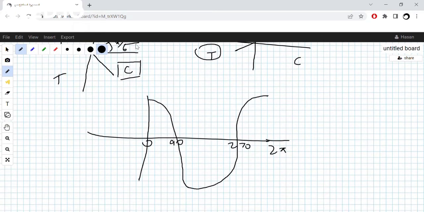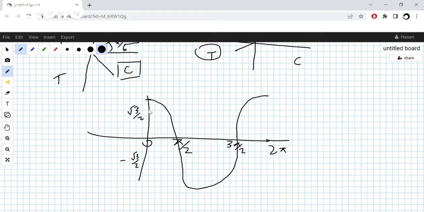So we'll say root 3 over 2 is here, and minus root 3 over 2 is here. We should change this to our pi values actually. So we have pi over here, and pi over 2, 90 degrees, and 3 pi over 2, 270.